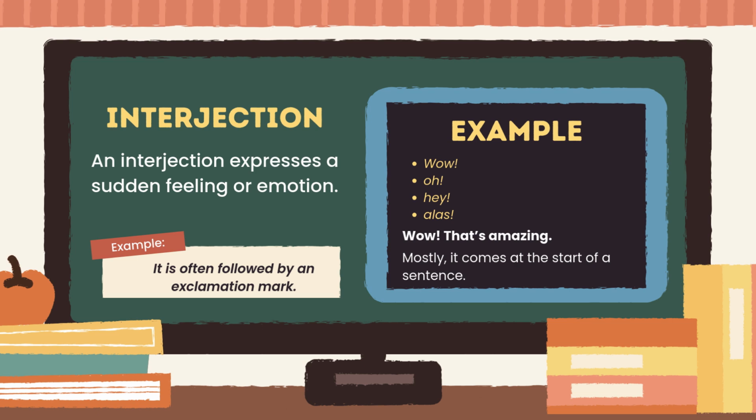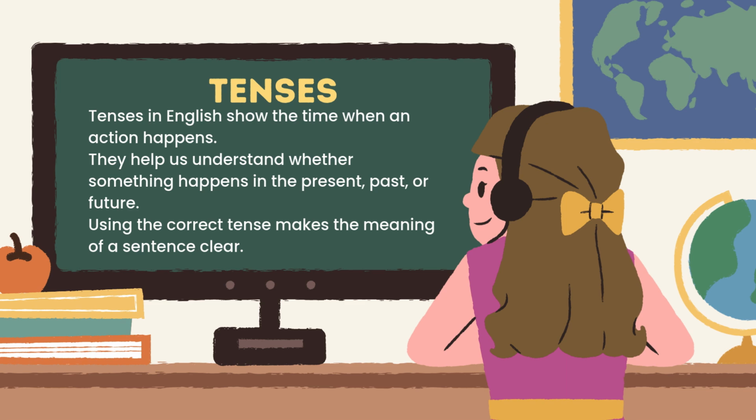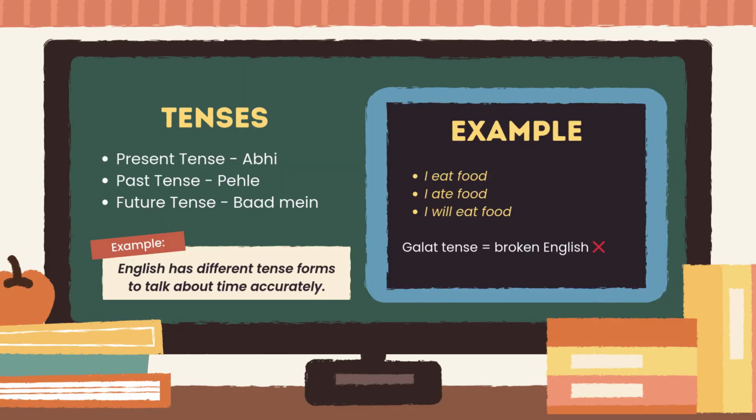Then comes the second part of English grammar, which is tenses. Tenses in English show the time when an action happens. They help us understand whether something happens in present, past, or future. Using the correct tense makes the meaning of a sentence clear.